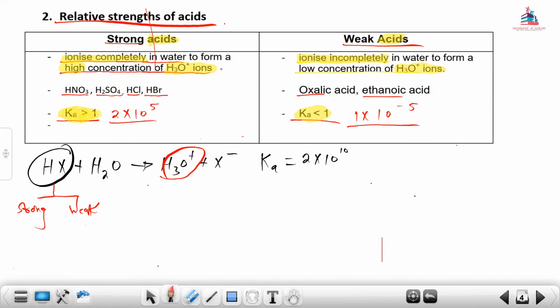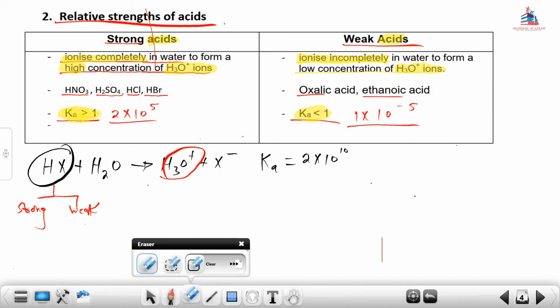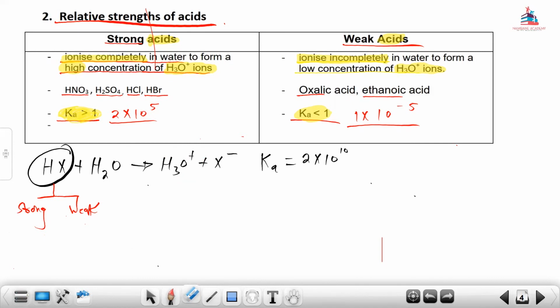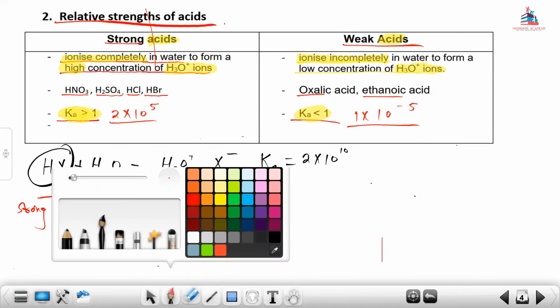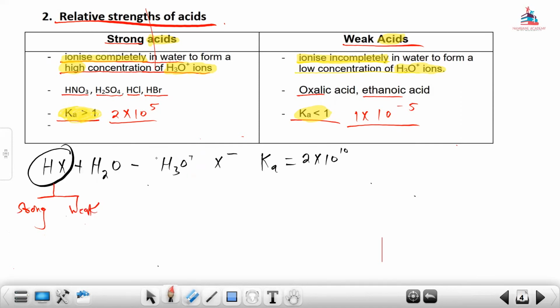So the fact that H3O plus is formed basically says we are working with an acid.